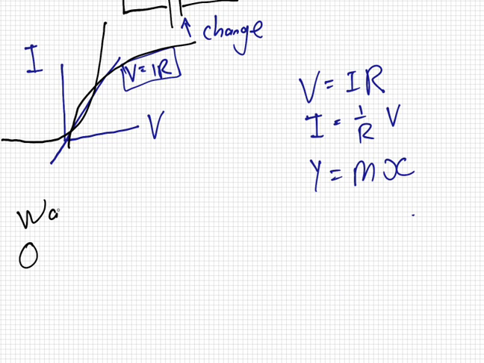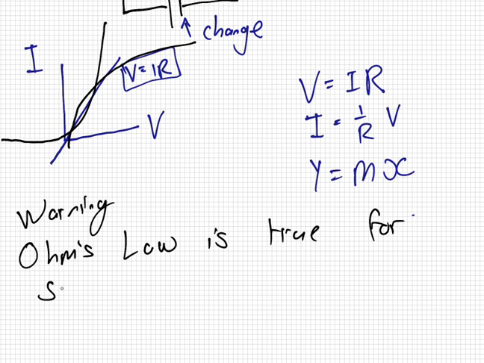So that's an important warning. Ohm's law is true for small V and I. As long as it's not too big, it'll be a straight line.